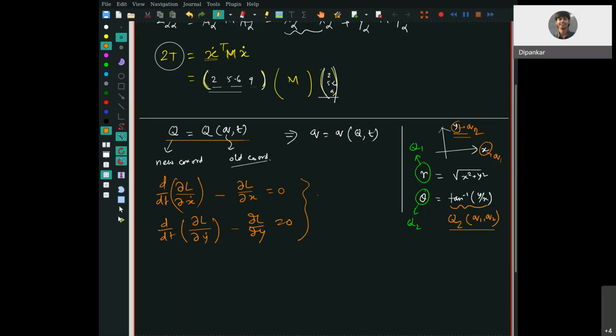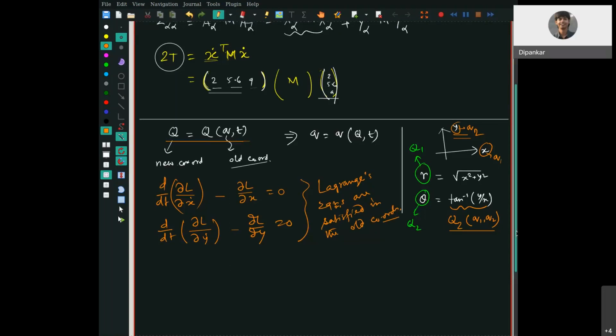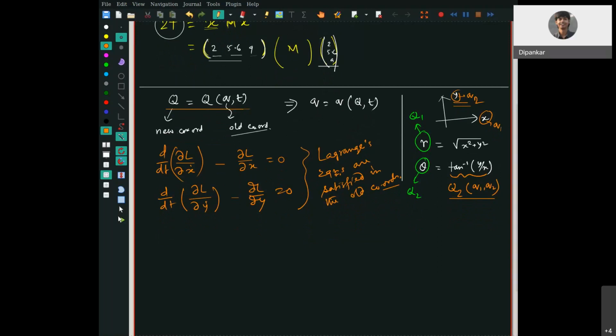So basically what I am saying is the Lagrange equations are satisfied in the old coordinates. Suppose you have proved that somehow.